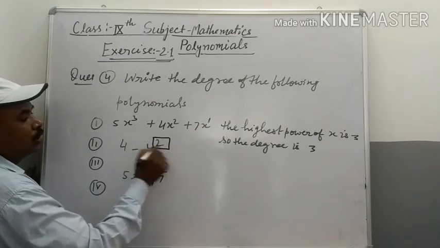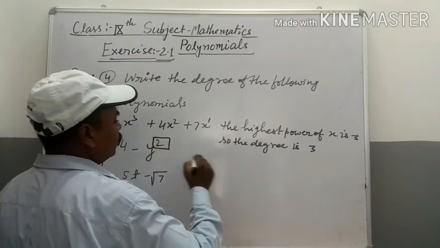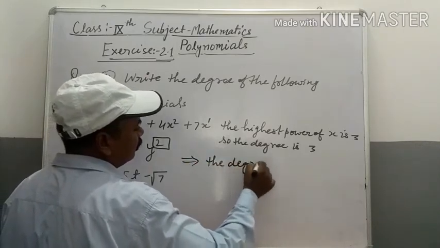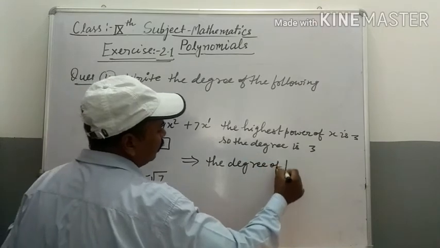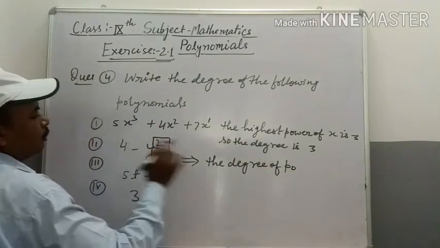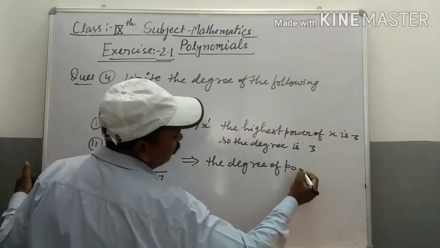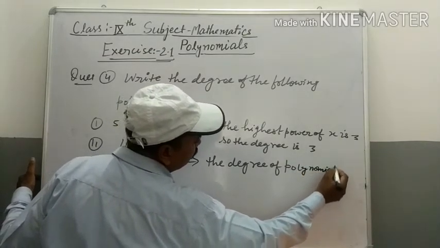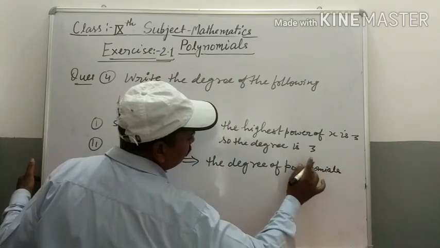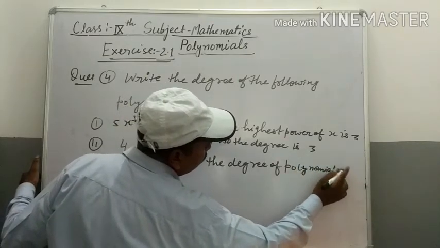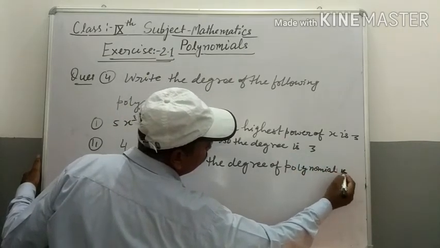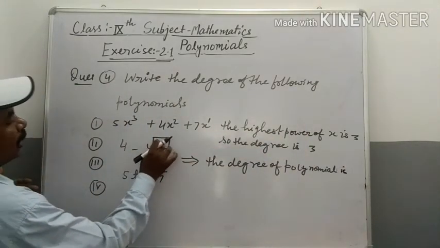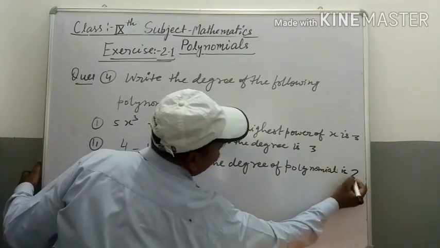So this implies the degree of polynomial, that is binomial, students, y to the power 2, highest power of y is 2, that is degree is 2.